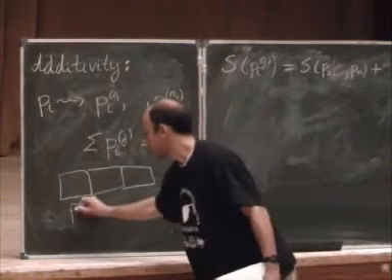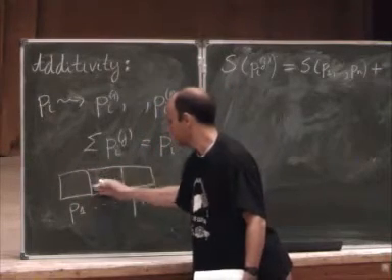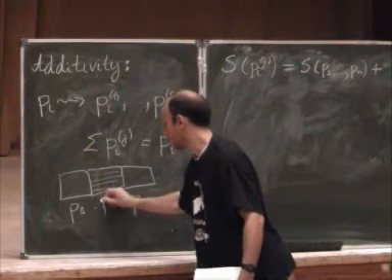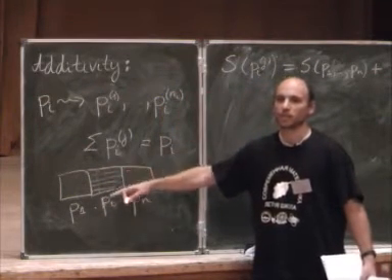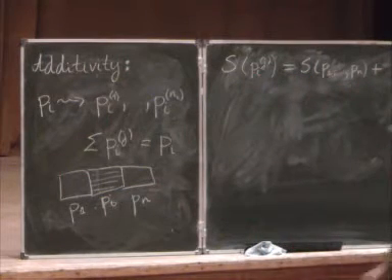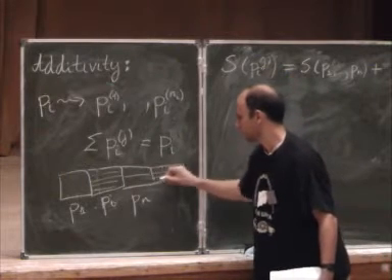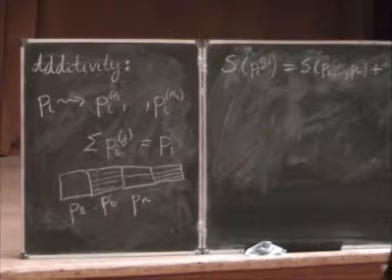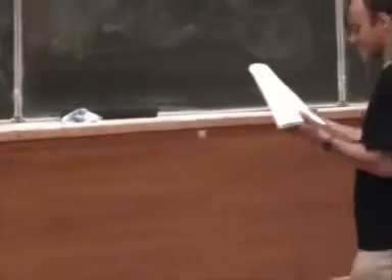This is p1, ..., pn, and here we subdivide p_i into p_i1, p_i2, p_i3, and so on. So it can be a different subdivision for each box. But I don't want to get the formula wrong, so maybe I'll look into the book.